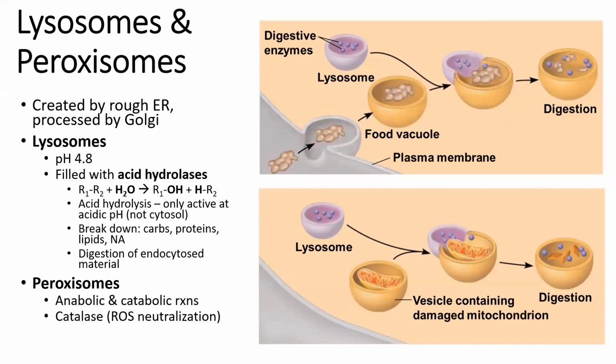Lysosomes and peroxisomes are created by rough endoplasmic reticulum and processed by the Golgi. Basically, I like to think of lysosomes as the garbage trucks of the cell. They go around and pick up anything that's not supposed to be there, anything that's worn out, anything that has outlived its usefulness. You dump it into the lysosome.